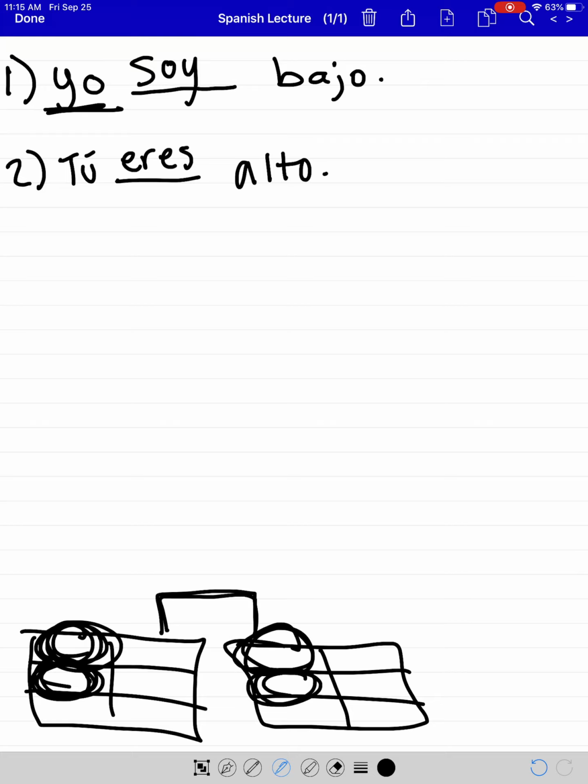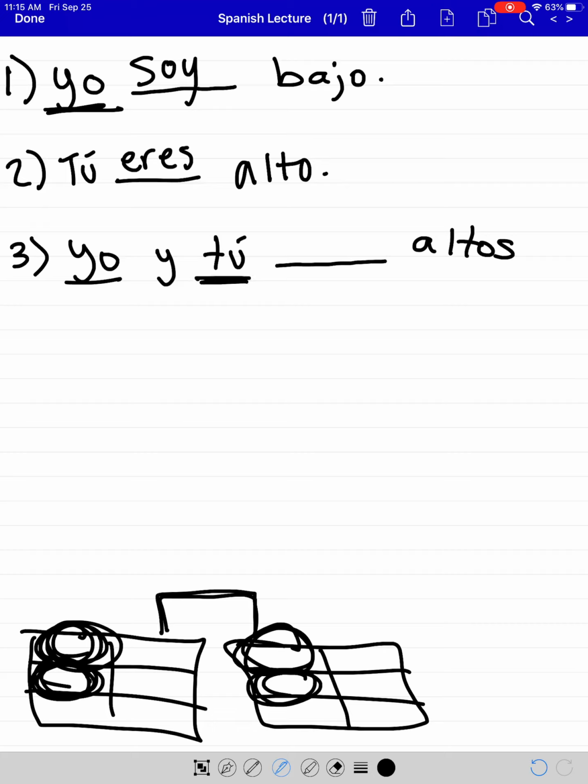Now, when it gets confusing is when you've got groups. So what if I have yo y tú, blank, altos? Now I have two people, yo y tú. So if I have two people, I have to look in the left-hand column. I can ignore all of these. Now you're left with a 50-50 shot.